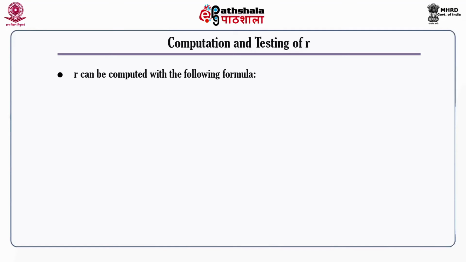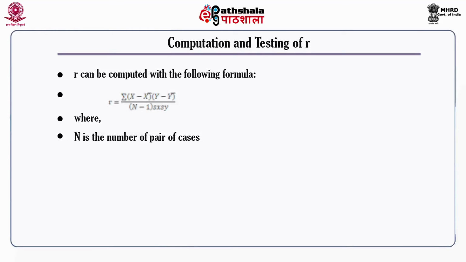Computing and testing of r. r can be computed with the following formula. r is equal to sigma (x minus x bar) multiplied by (y minus y bar) upon (n minus 1) Sx Sy, where n is the number of pairs of cases, Sx and Sy are the standard deviations for x and y.